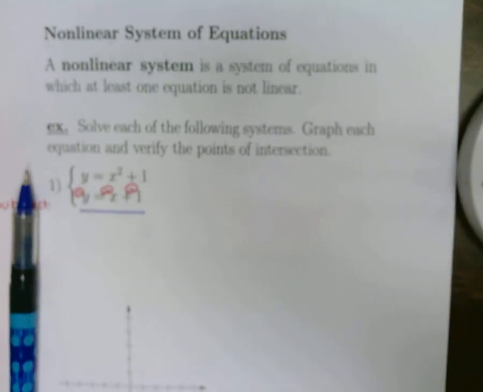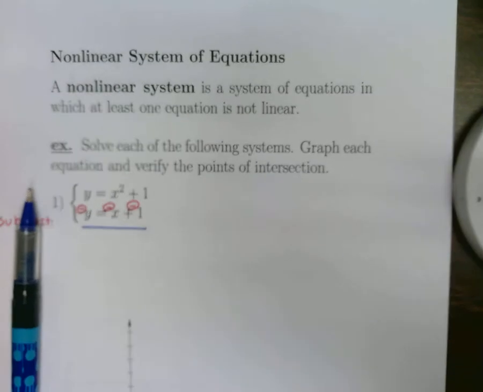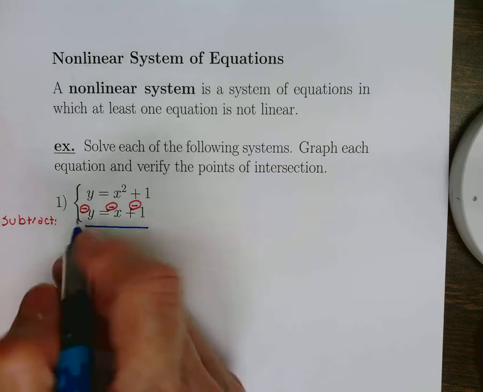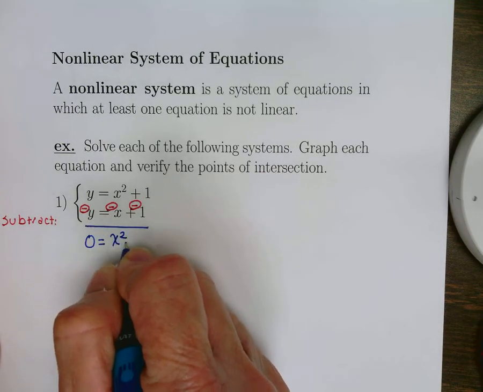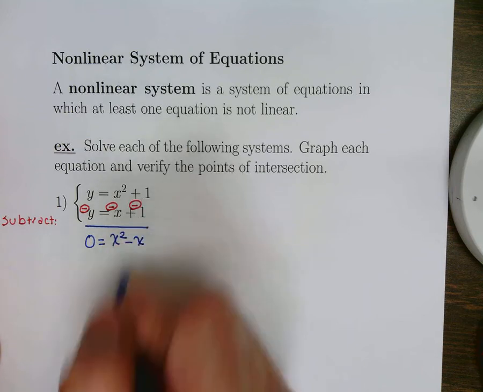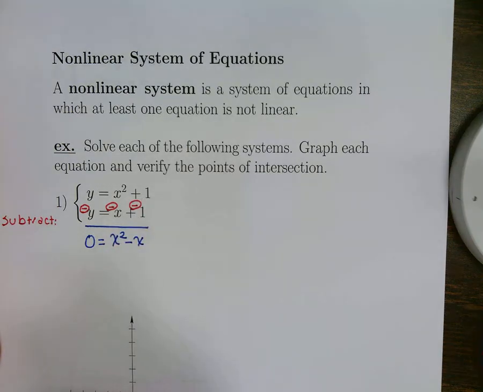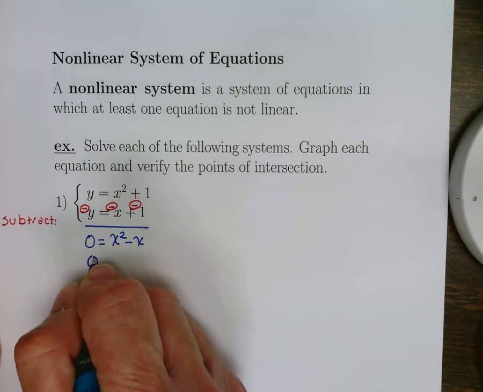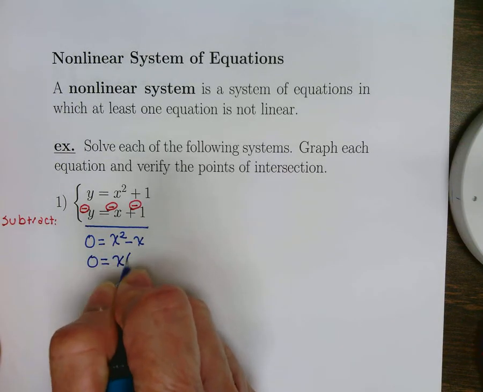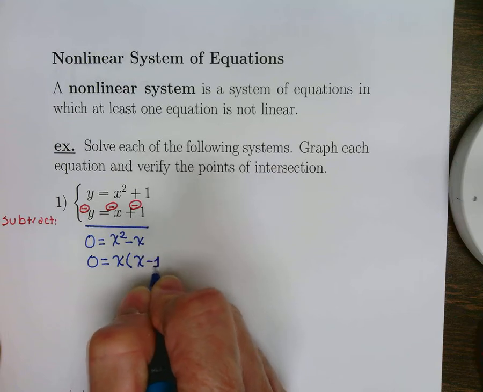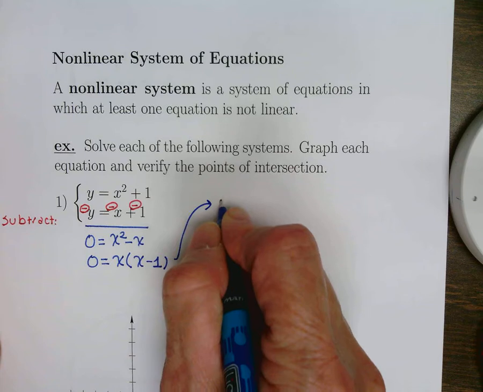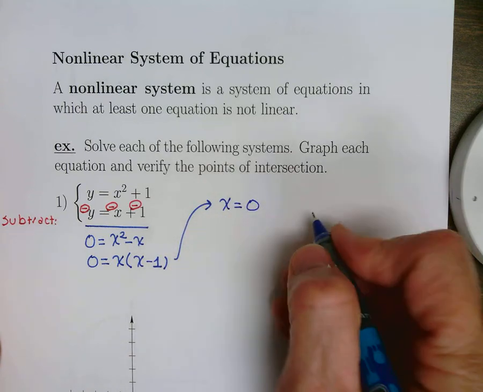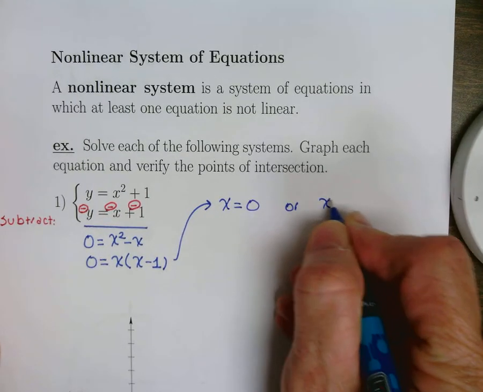And again, I get 0 equals x squared minus x, and these two cancel. Okay, and notice that I have a quadratic equation, so I solve it by factoring. And so it looks like x equals 0, or x equals 1.